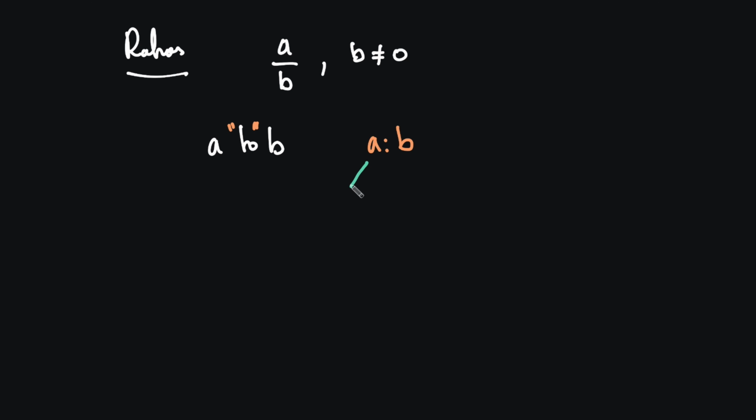We call this number a the antecedent, and this number b the consequent. It's generally preferable to express a ratio in simplified form. So if we're comparing 6 to 8, it's good practice to give this in simplified form.